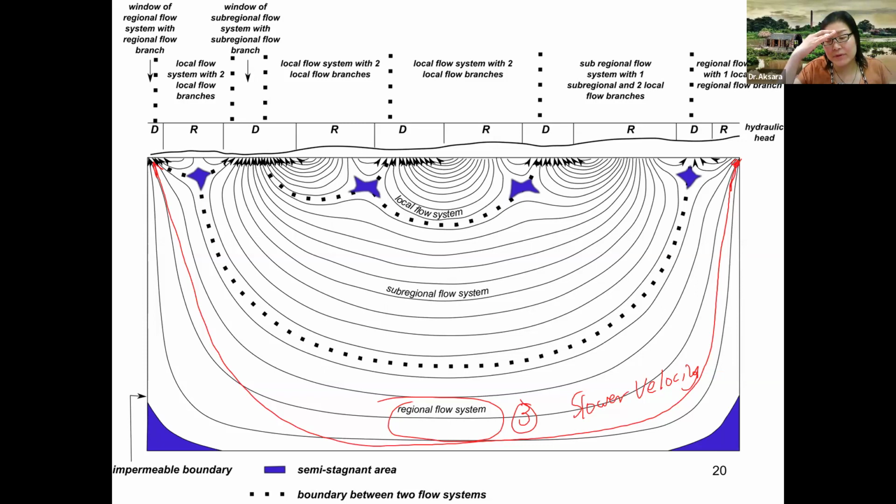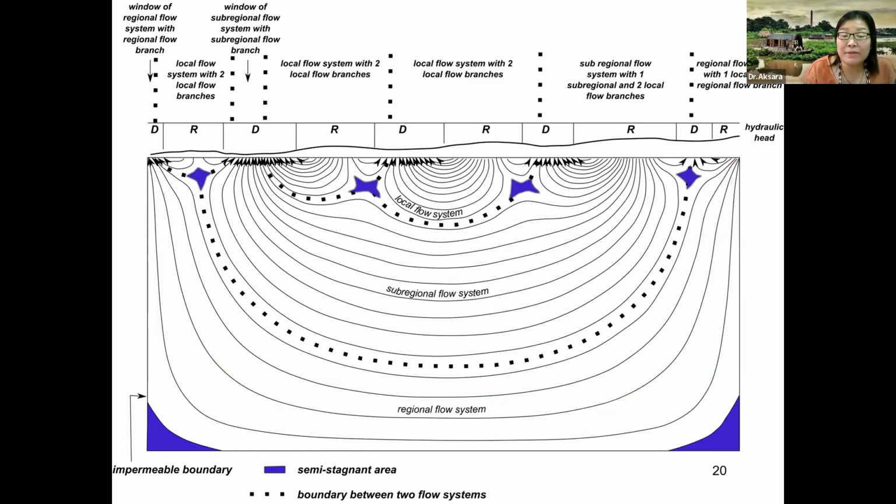Keep in mind that when we're dealing with modeling, not only groundwater modeling but also surface water modeling, the smaller picture gives you a clearer picture of what you are investigating.